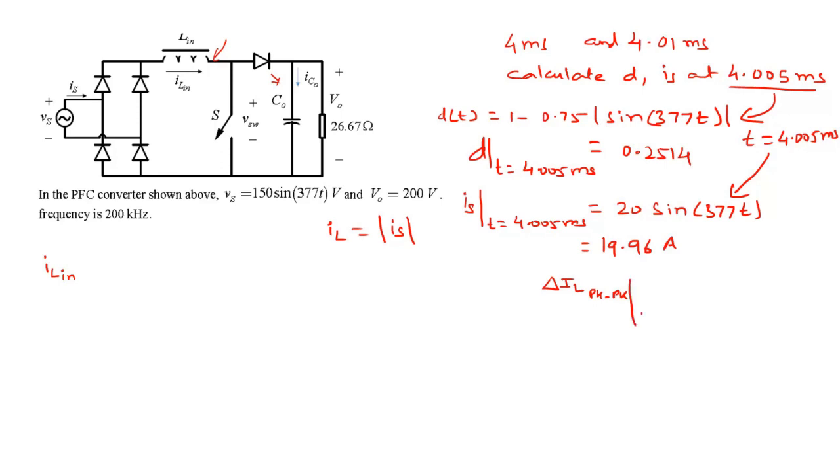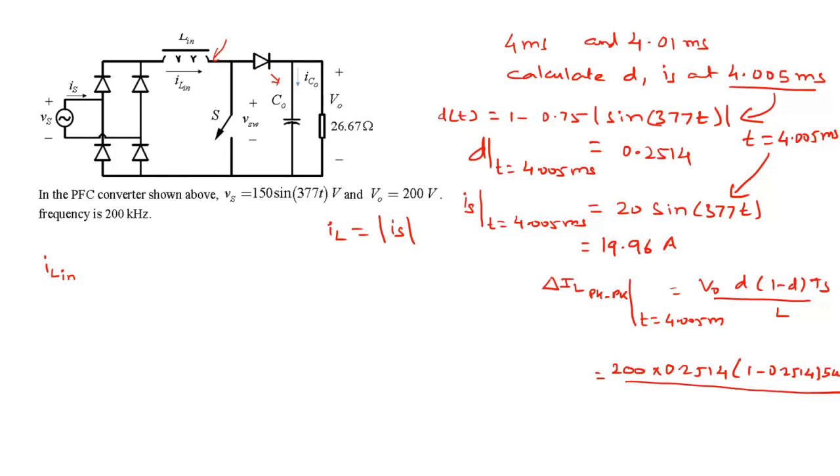So I have to say at t equals again 4.005 millisecond, the expression is the same as before that we used, VO d times 1 minus d times Ts over L. So in this, VO is 200, d we just calculated is 0.2514, 1 minus 0.2514, then 5 microseconds for Ts, and L was 250 microhenry.